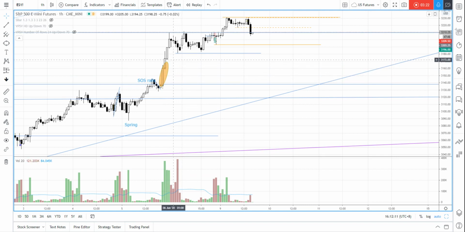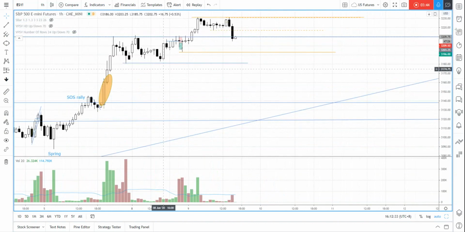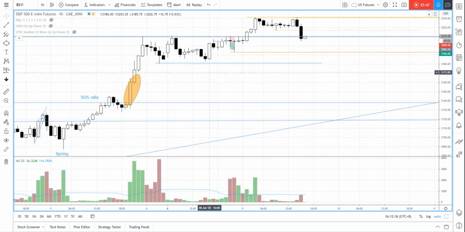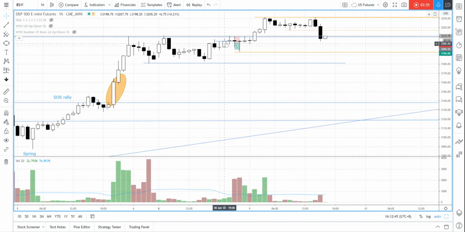I also talked about how we were in the trading range from 3180 to around 3210. Until we see it actually break down or break out from this range, we can still focus within this range. But you can see that yesterday price action didn't really test the support level within the range at 3180, and it actually had some kind of reaction from the resistance level at 3210.